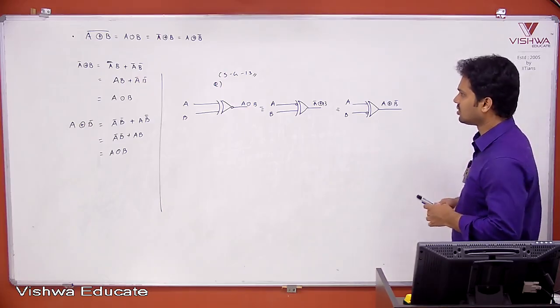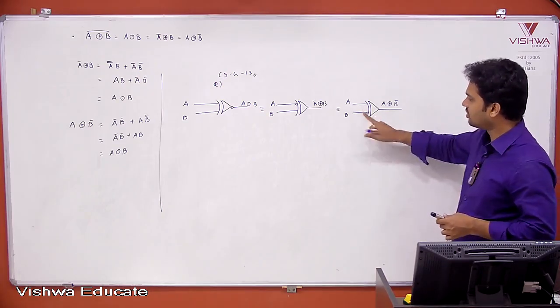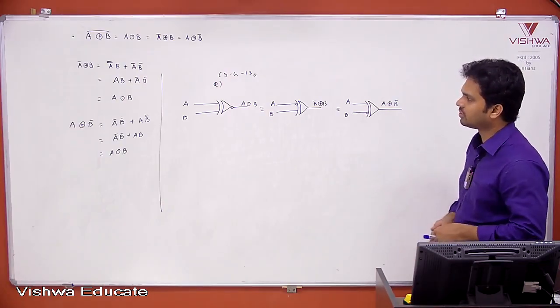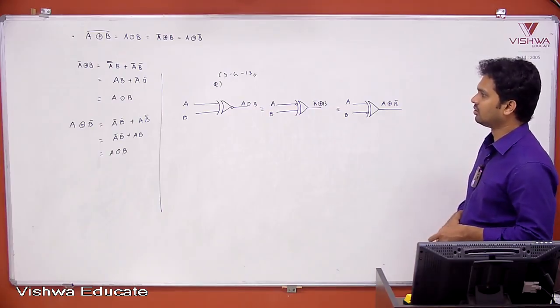Then you may have the doubt, sir, what happens if both the inputs A and B are complemented? Okay, you can check it. Take the function, take both A and B with complements, you can understand. Okay. So copy this.